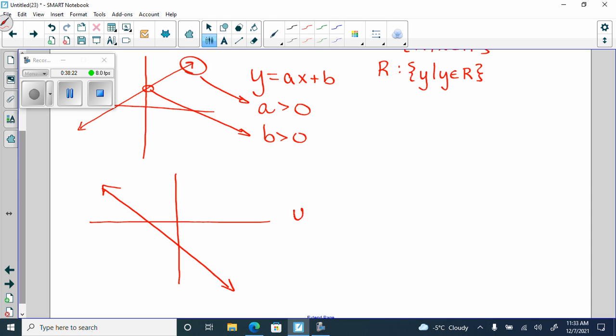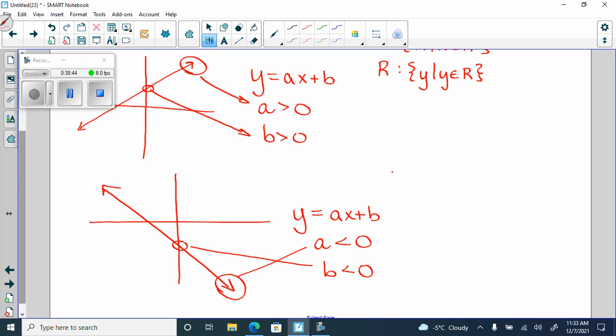Okay, what about this one? What does this tell me about my a and my b? What's my a in this case? Negative because it's down on the right. What's my b? Negative because I have a negative y-intercept.